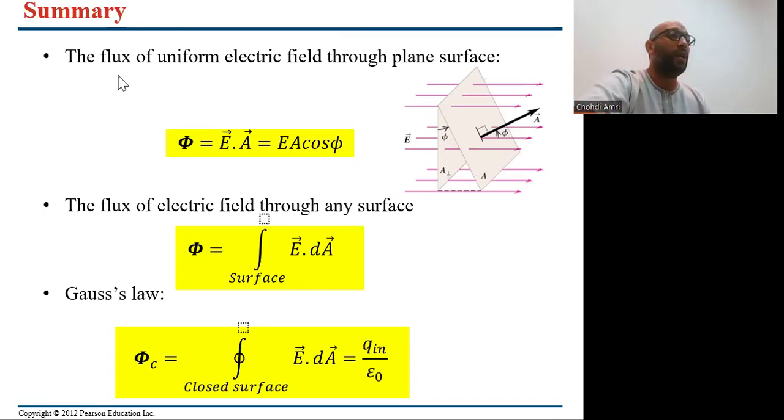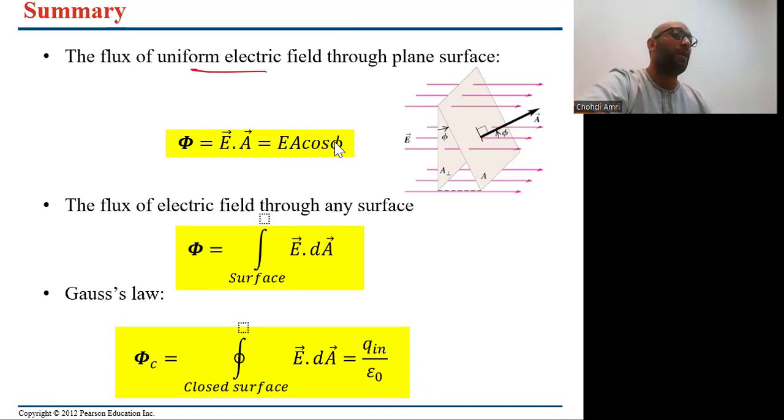So in summary, for a uniform electric field through an irregular shape, the flux is equal to E dot A. That means the magnitude of E multiplied by the magnitude of the surface area multiplied by cosine of phi.